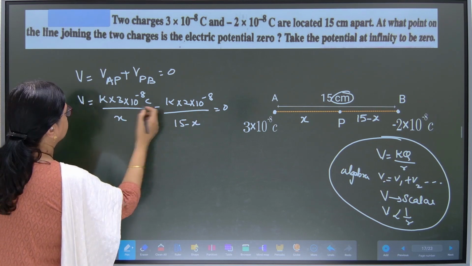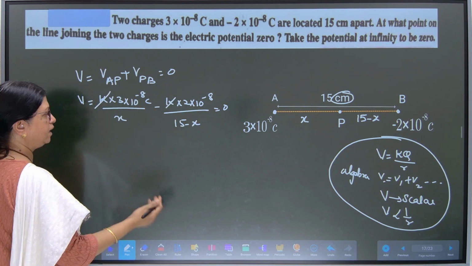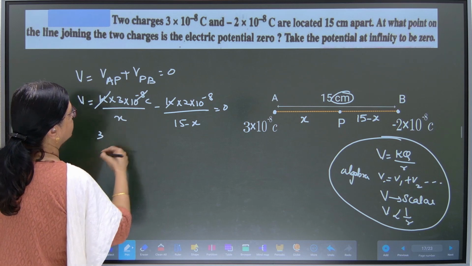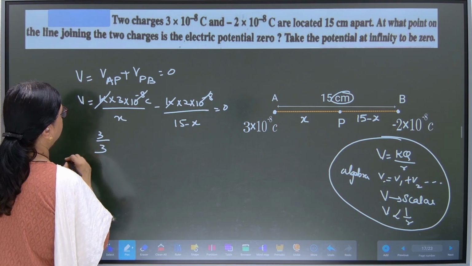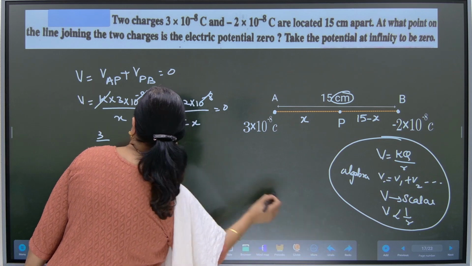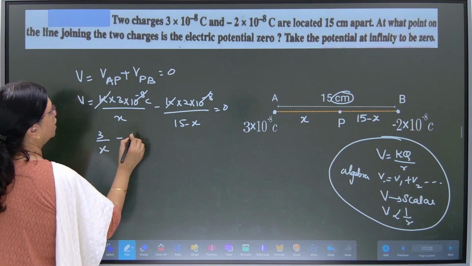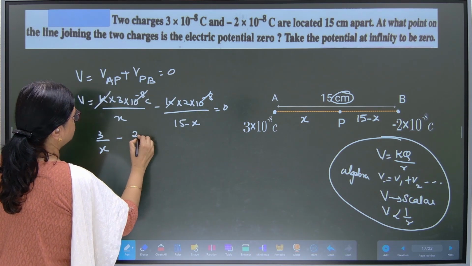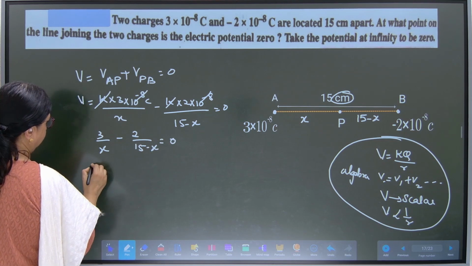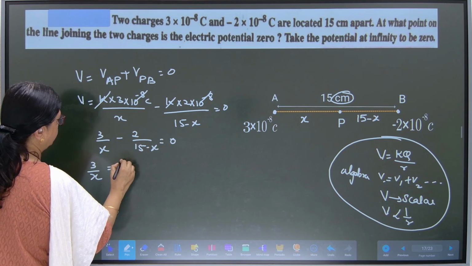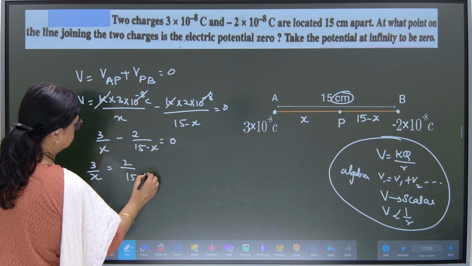Since that is equal to 0, K and K I can cancel, and 10 raised to minus 8 I can cancel. I am left with 3 upon x minus 2 upon 15 minus x is equal to 0. So 3 upon x is equal to 2 upon 15 minus x.